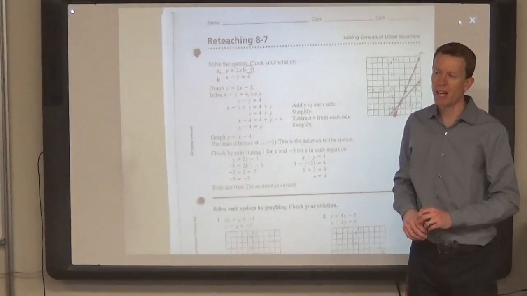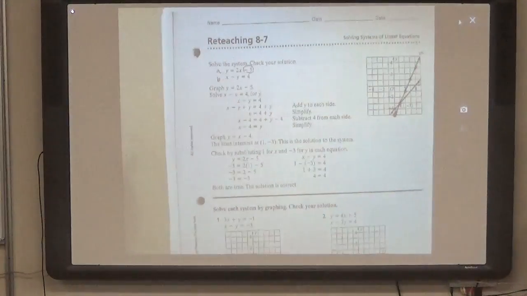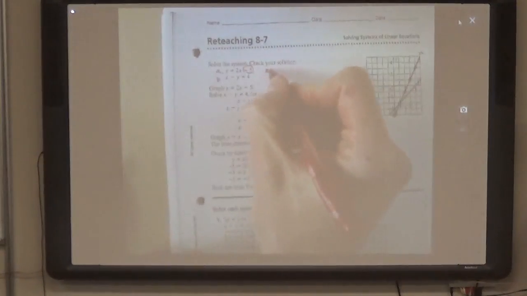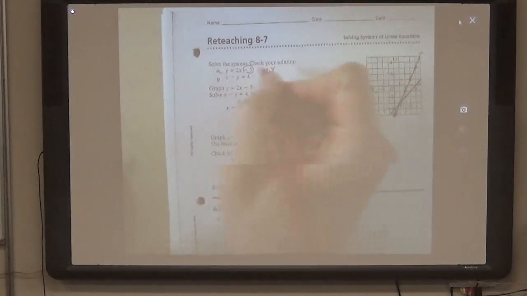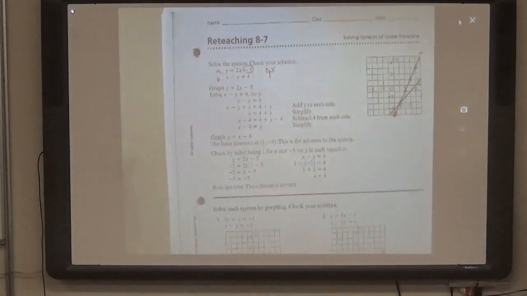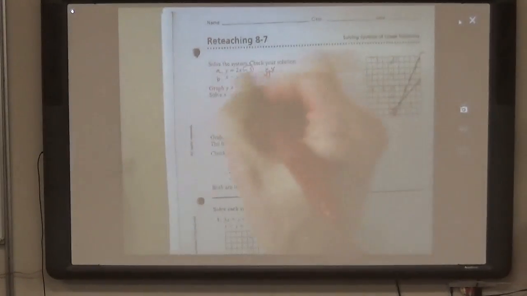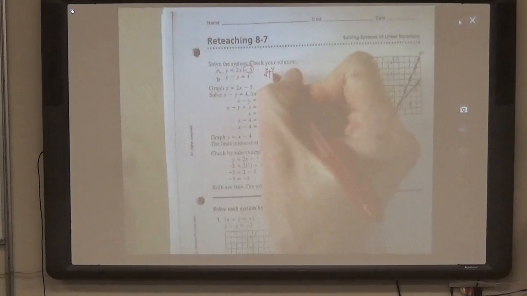Could we use an x and y chart for this one? Since this is such a simple equation, could we find numbers that we could put into this equation? Sam, second. Could we find two numbers that work? Yeah. How about 4 and 0? That works. 4 minus 0 is 4.